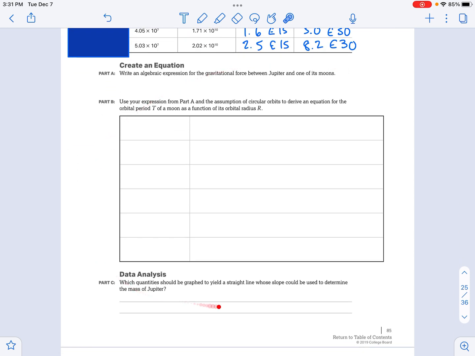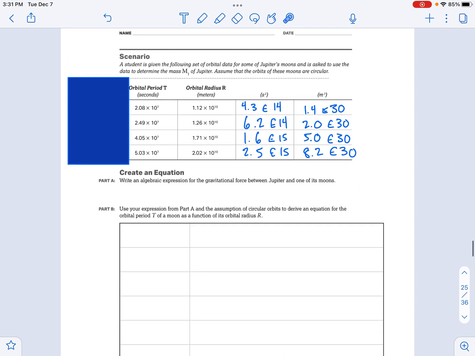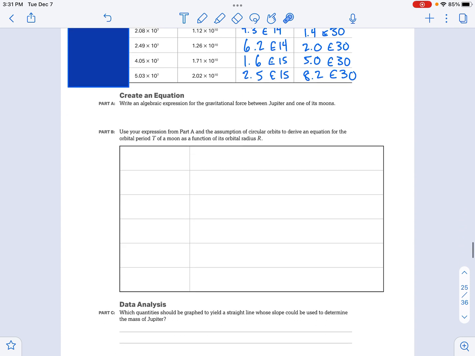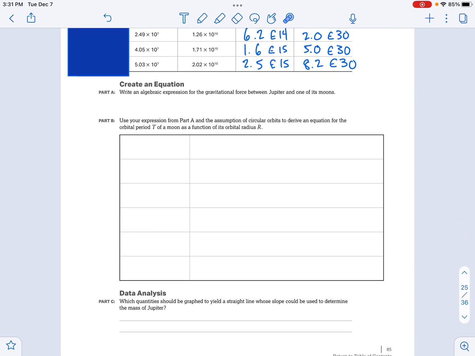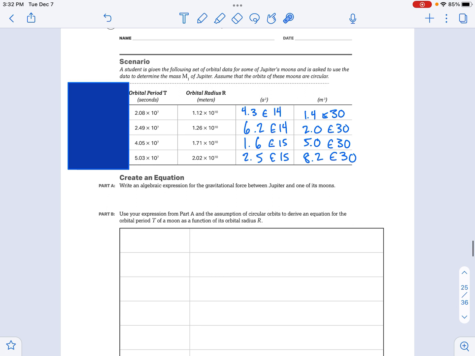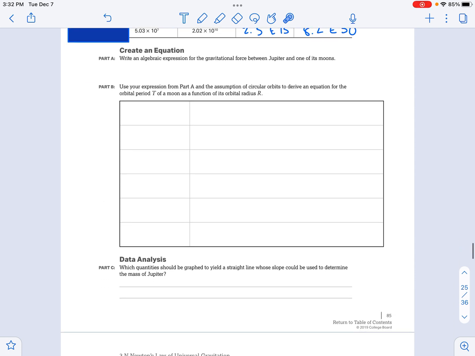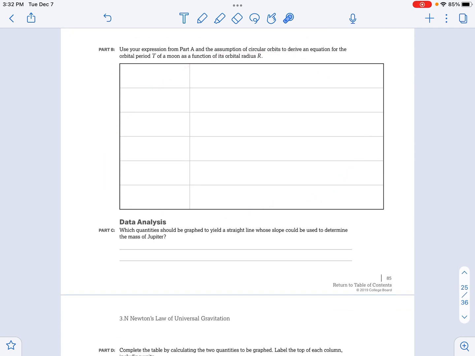Whether they tell you to or not, you're going to need to use the situation and what they're asking about to come up with an equation that's going to guide your thinking. Actually, this part has to happen before you do your numbers adjustment, because without this part, you don't know what to do.